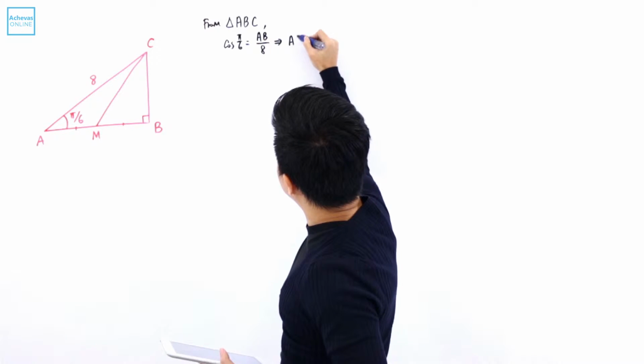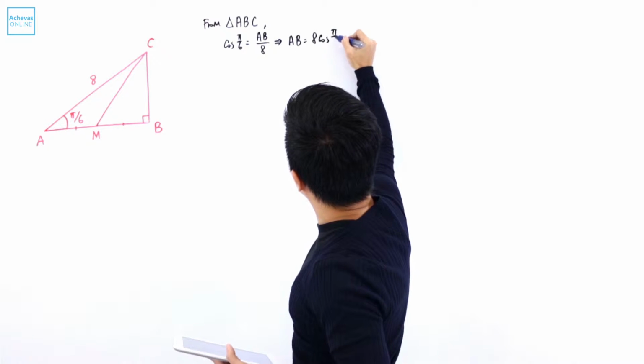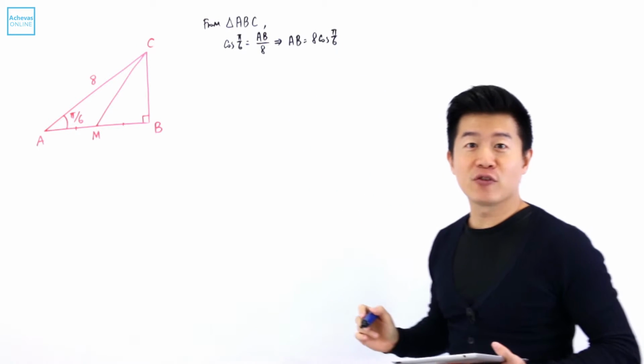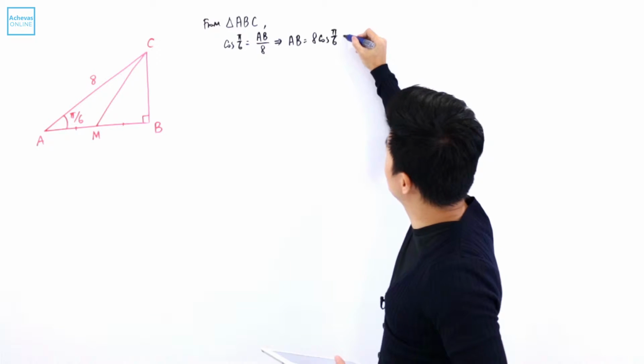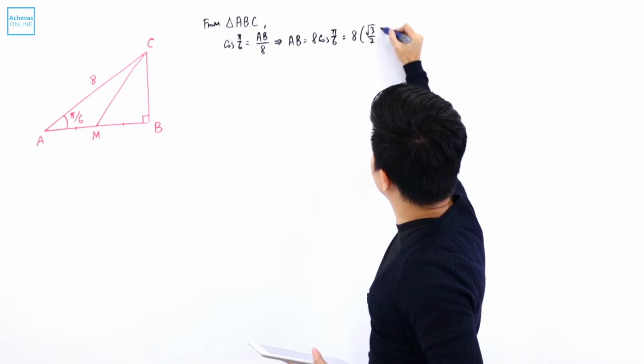This tells me that AB is equal to 8 cosine of pi over 6, and cosine of pi over 6 is square root of 3 over 2, so this is 8 times square root of 3 over 2.